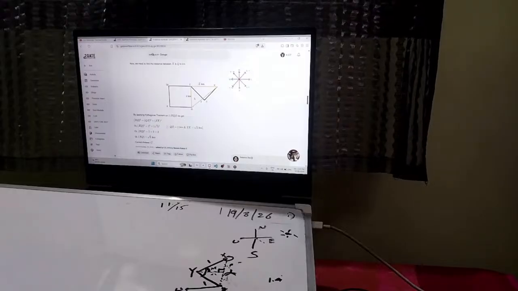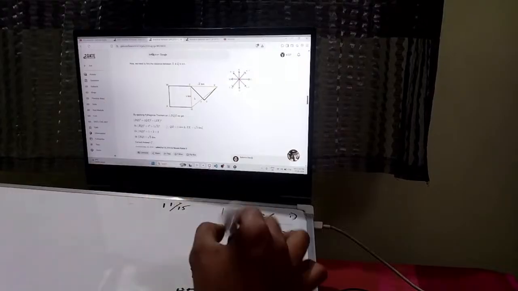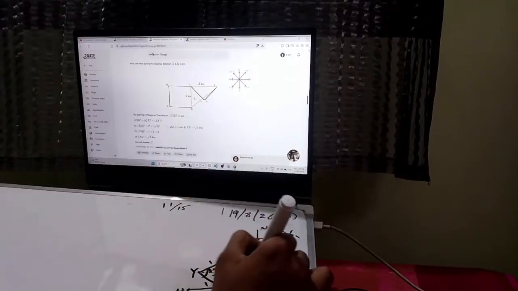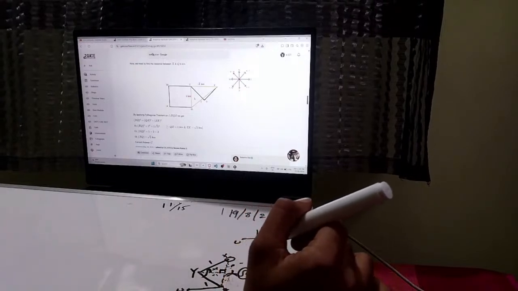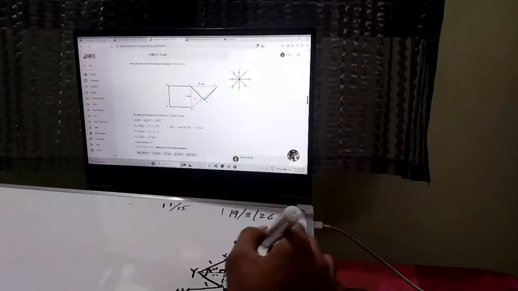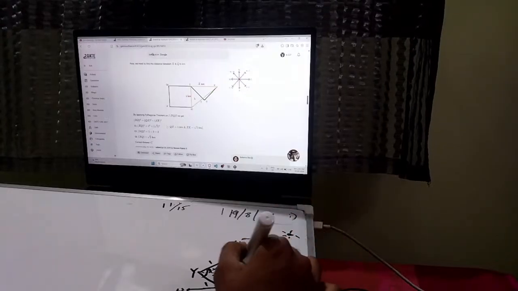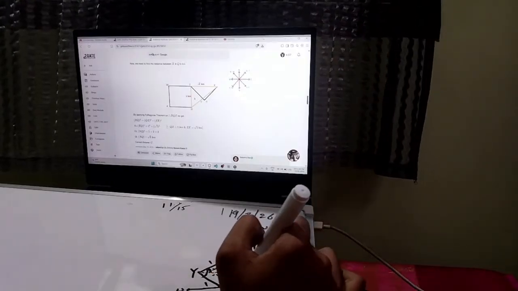Root 2. The entire thing will become root 2. This will become 1.